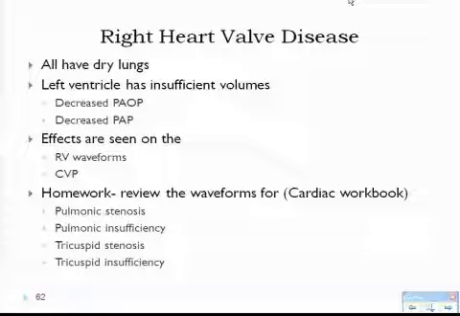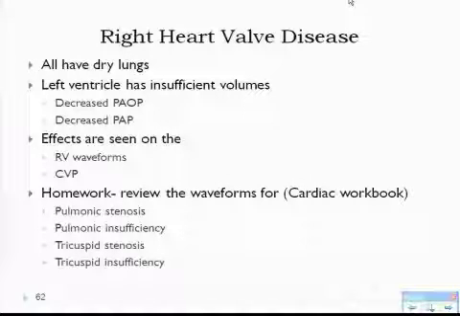The effects are seen more in the RV waveforms, where you put in a Swan, measure an RV waveform, and you also see it reflected in the CVP. So if you look at tricuspid regurgitation, you're not going to see it in a PA occlusion pressure. You're going to see it only in the CVP. Okay? So I want you to review the waveforms for the cardiac workbook.